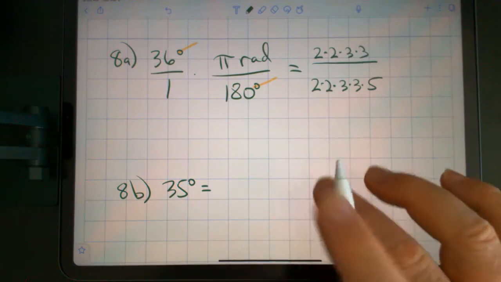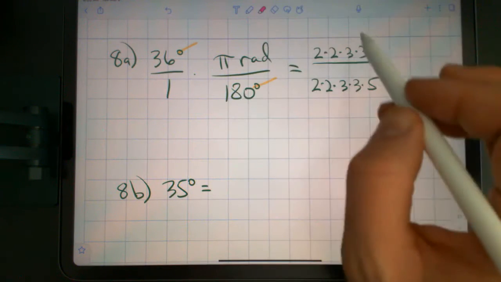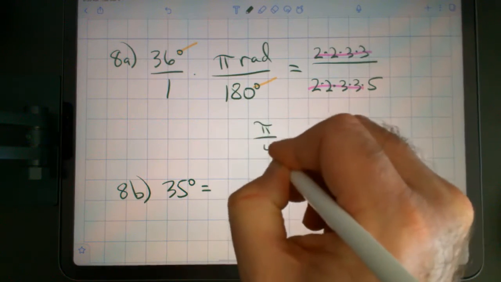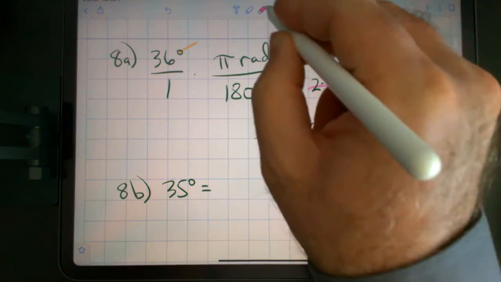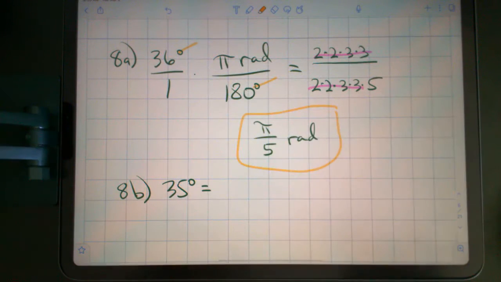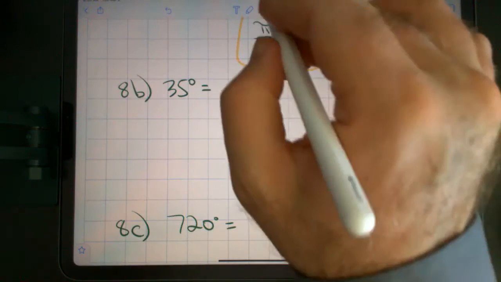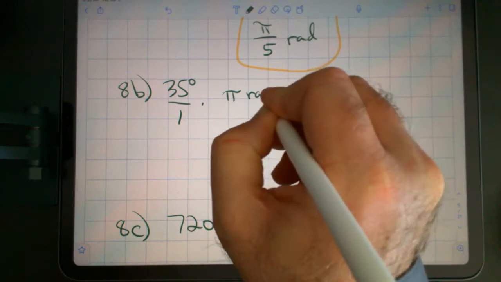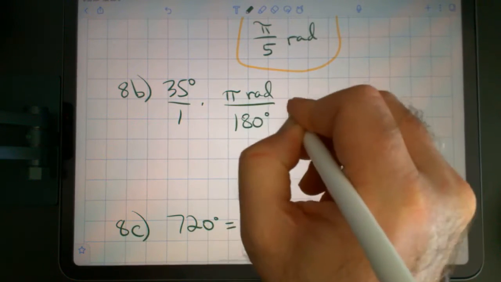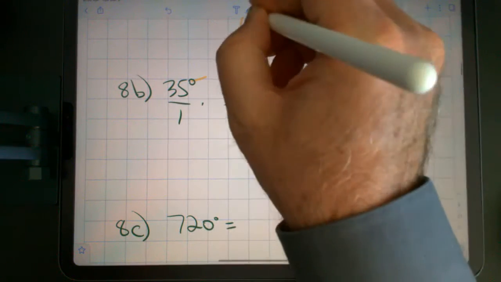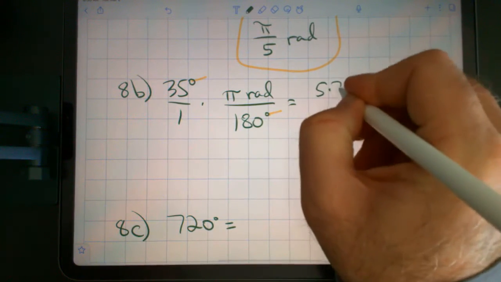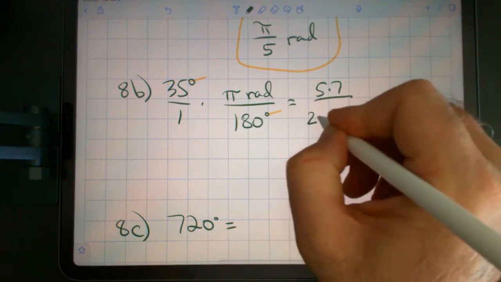And 35 is 7 times 5, and 180 is a familiar one.